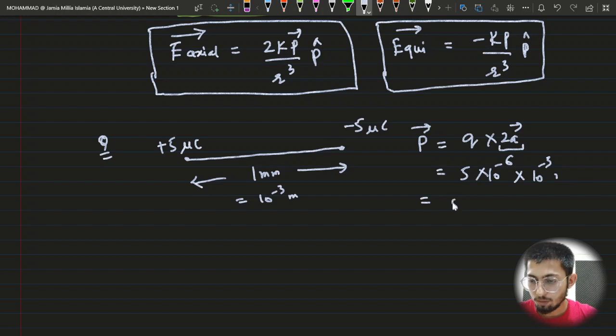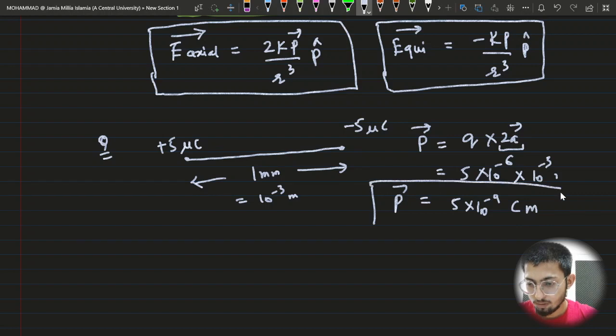So P is 5 into 10 to the power minus 9 coulomb meter. This is the answer.